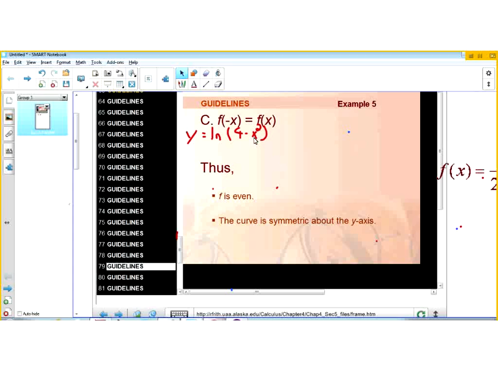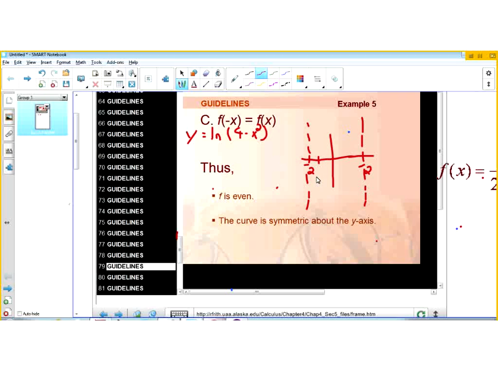How do we know that? Let's check. Because of the x squared term, it's an even function. So if you plug in a negative number for x, it's the same as the positive number. So yes, even symmetry. The curve is symmetric about the y-axis. So far what we've seen is something like this.